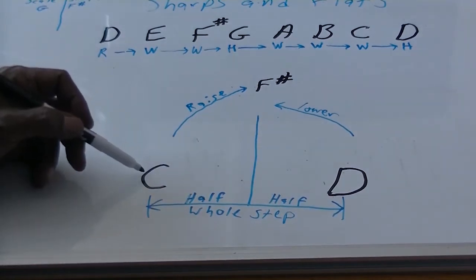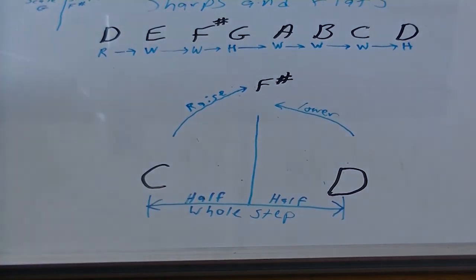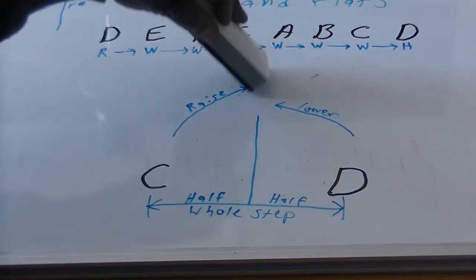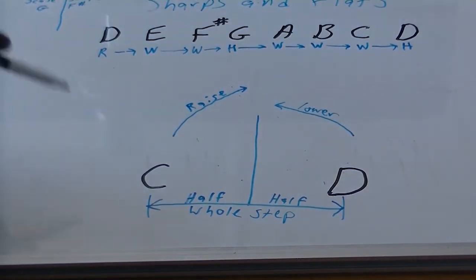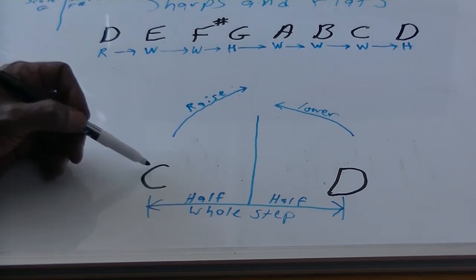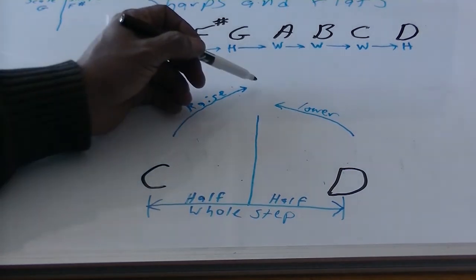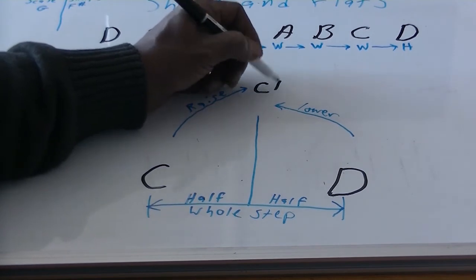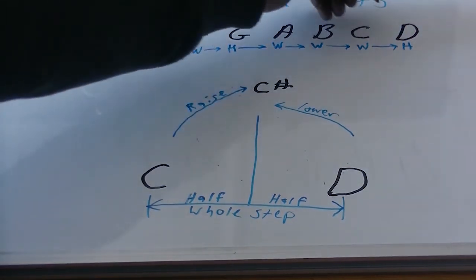Well, we've gone a half step, so we only need to go another half step. So we need a note that's a half step higher than C, and we have to reference this note to C. So in order to do that, we need to take this C and raise it up by a half step. And that will give us the note we need, C sharp.